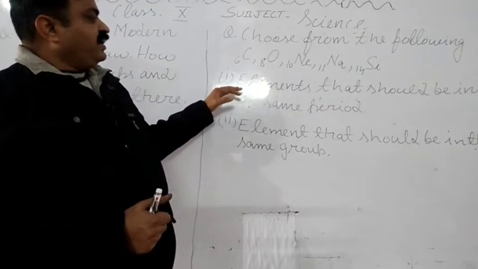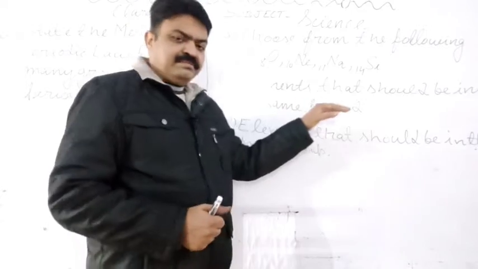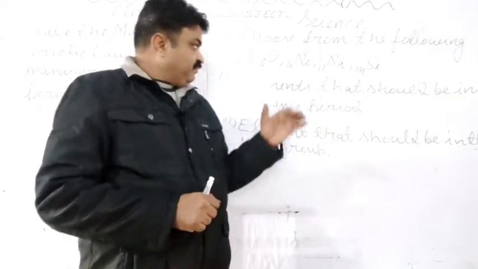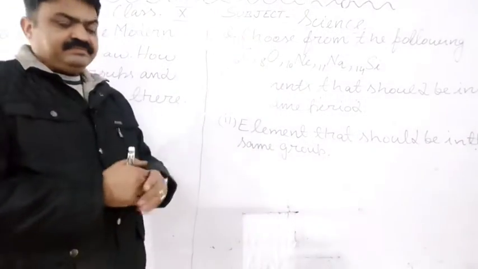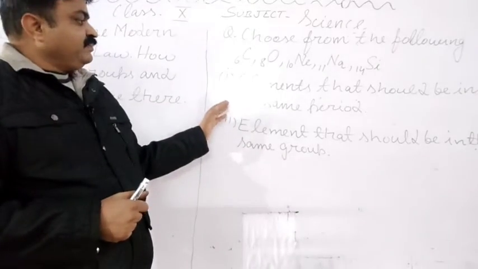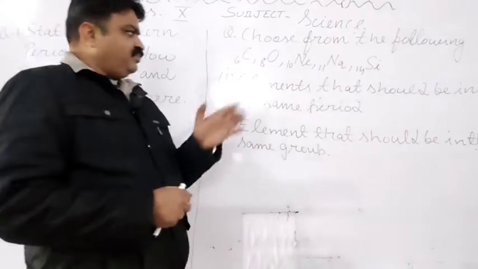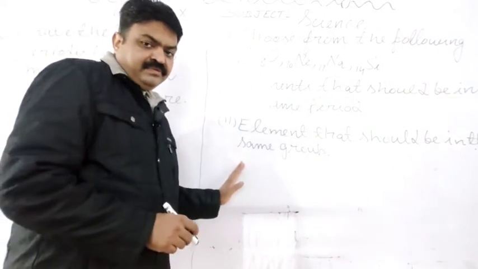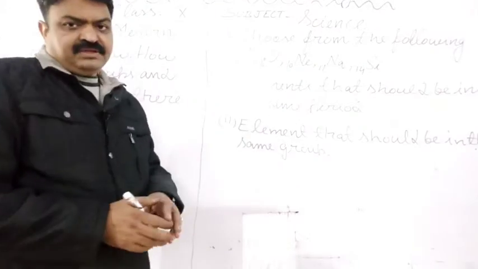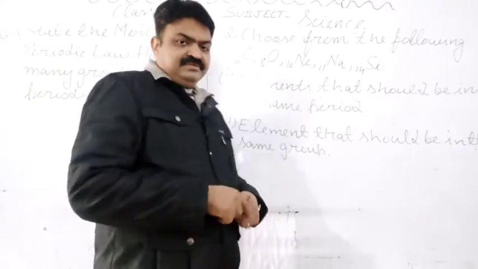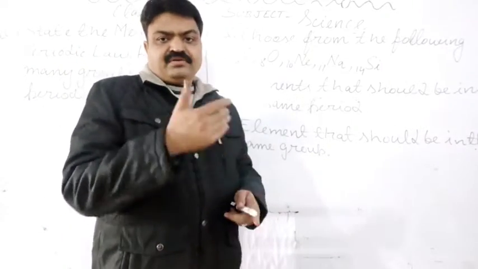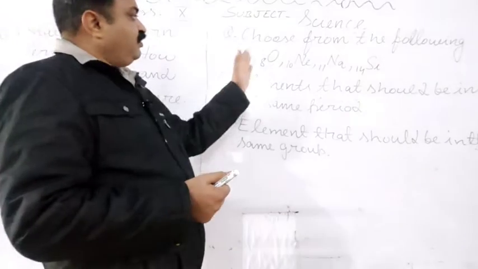Choose from the following elements that should be in the same period, and elements that should be in the same group. Which elements belong to the same group? So what will you do in this? You will write the electronic configuration one by one of all.